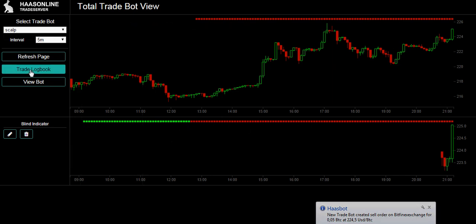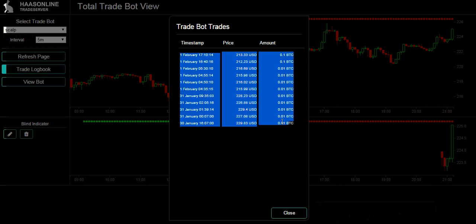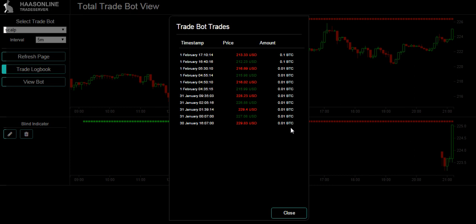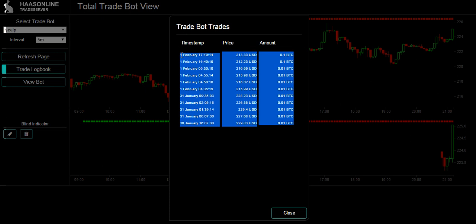Okay, so here we go, trade logbook. And here we go. So, you know, this was a 0.01 scalper bot. Yeah, it's a small amount, but if you add them up, it can add up. And we can go through and see here the dates and the values which it bought or sold on the spot market.